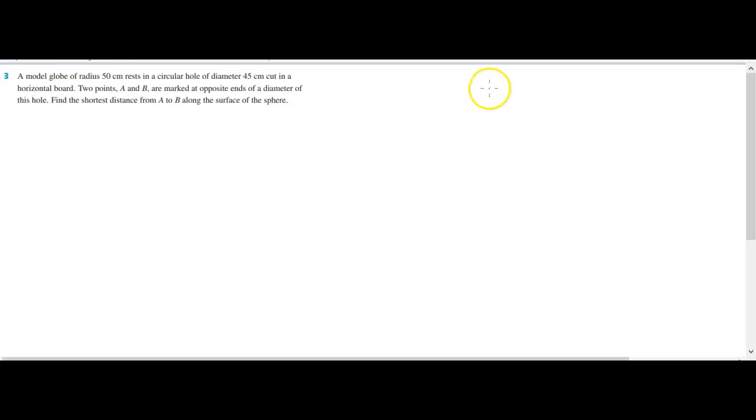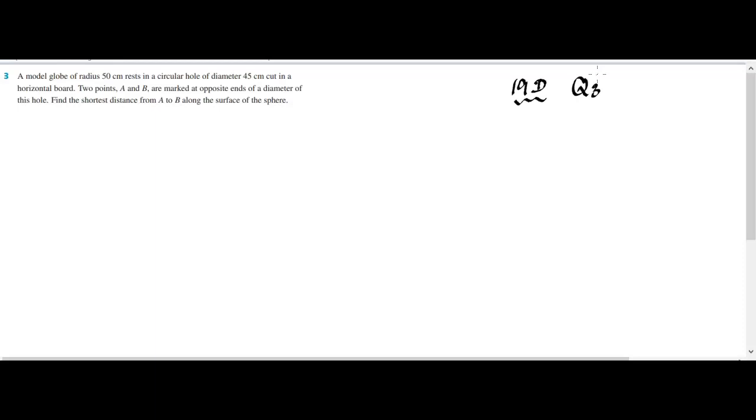All right, now this is your textbook 19, chapter 19D, question 3. A model globe of radius 50 centimeters rests in a circular hole of diameter 45 centimeters cut in a horizontal board.